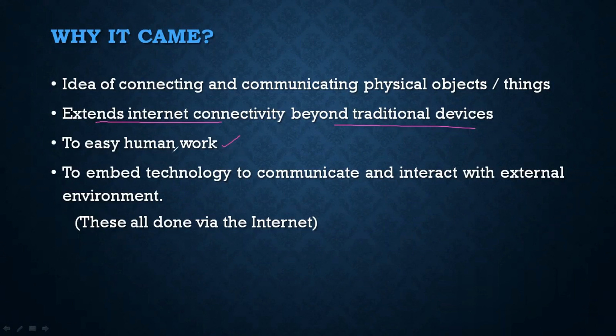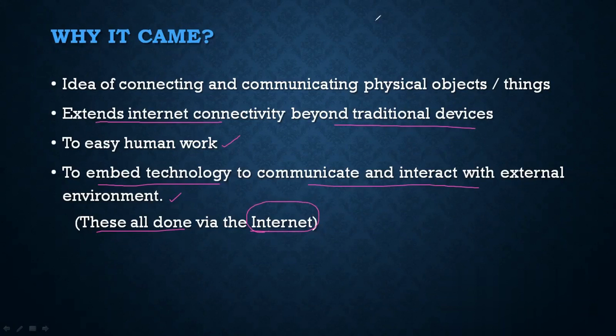There we see how IoT makes human work easy, and it also embeds the technology to communicate and interact with the external environment, to take a particular action. All these things are done by the internet only. Without internet these are not possible.